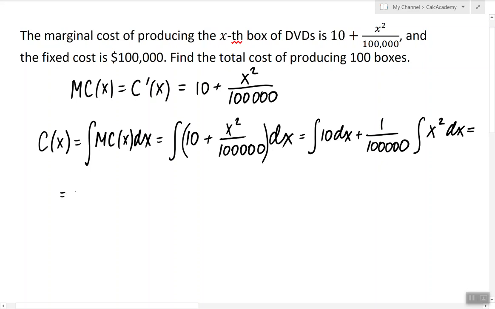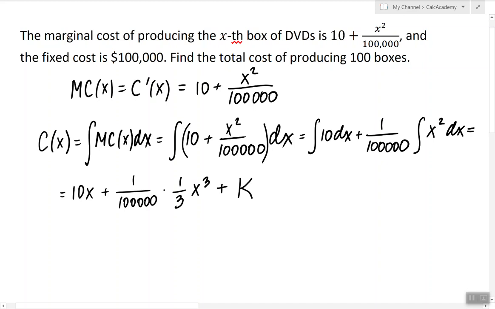So the antiderivative of 10 is simply 10x, and the antiderivative of x squared is 1/3 x to the power 3. Now, since this is an indefinite integral, we also have to add a constant, and since the letter c is already reserved for the name of the function, I'm going to use the letter k.